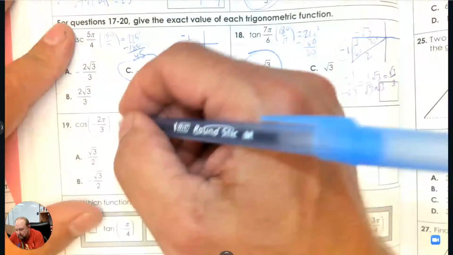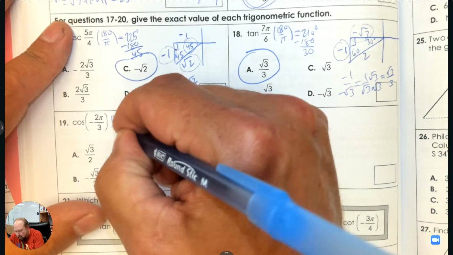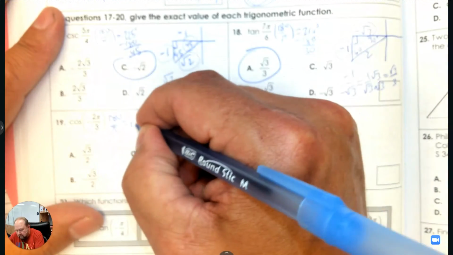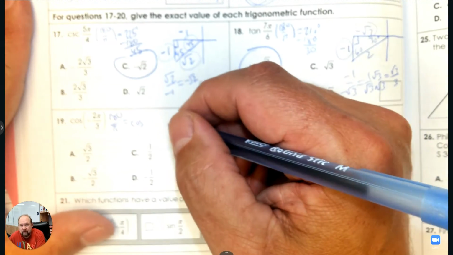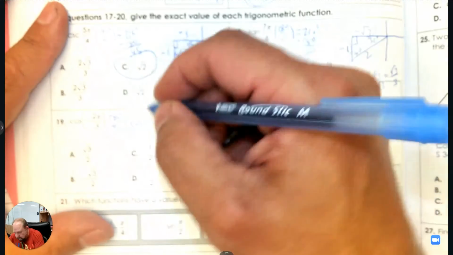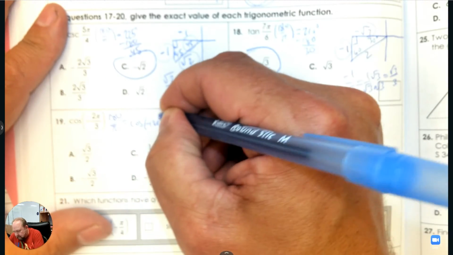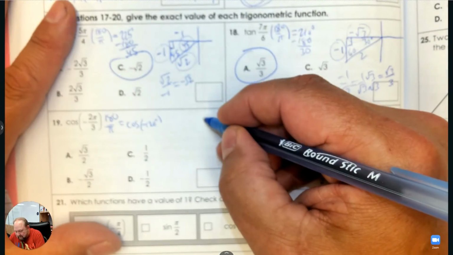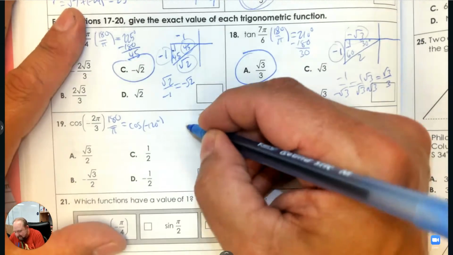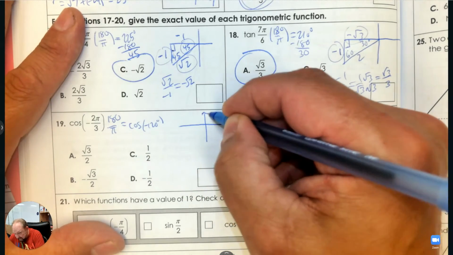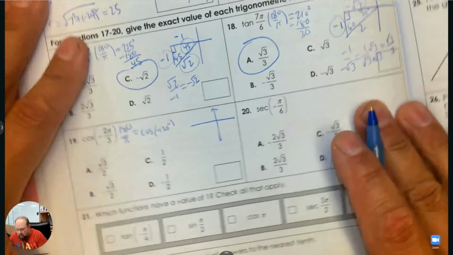19, negative 2 pi over 3. We're going to multiply it by 180 over pi. So we're changing it to degrees. That's negative 120. In what quadrant is negative 120? And again, it's in quadrant number 3 because we're going clockwise.